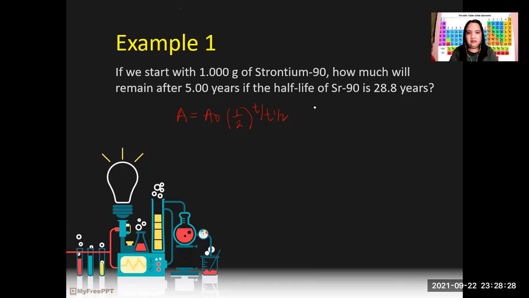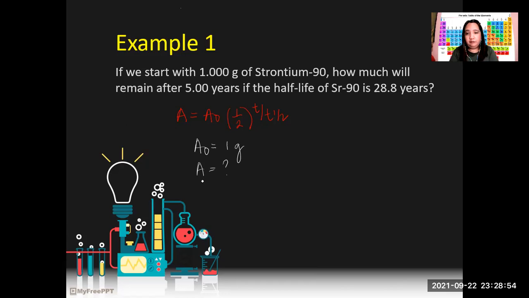So it says here we start with 1 gram of strontium 90. So I can assume that A sub O, the initial amount of the isotope, is 1 gram. And then how much will remain after 5 years? So it means we don't have a remaining amount.